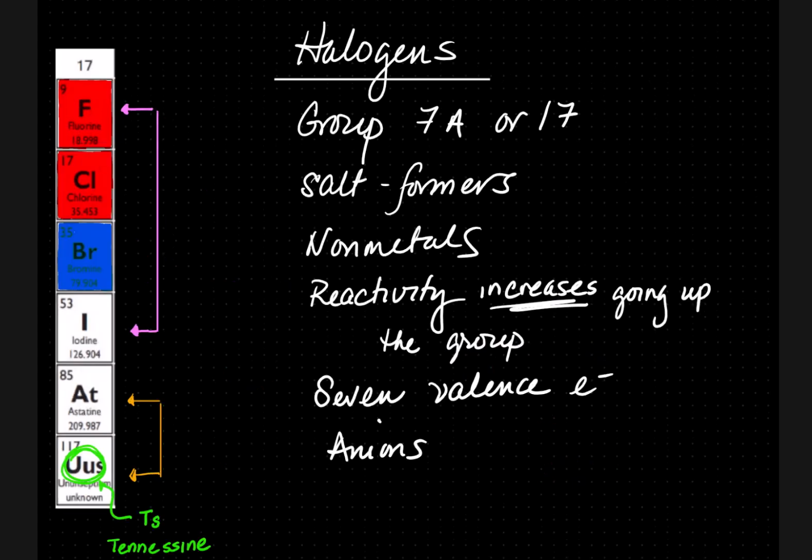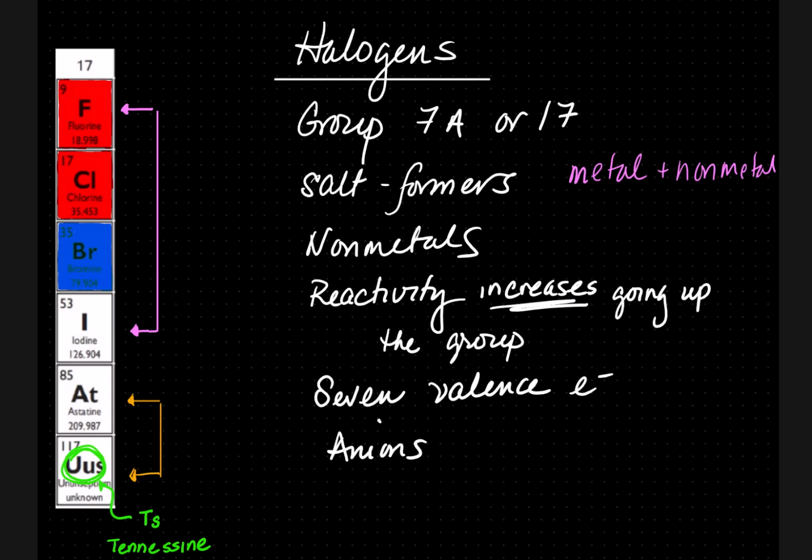Halogen is group 7A or 17. The definition of halogen means salt former. A salt former is one that has a metal, usually from group 1 or 2, plus a nonmetal that's a halide, which is like fluoride, chloride, bromide, iodide.